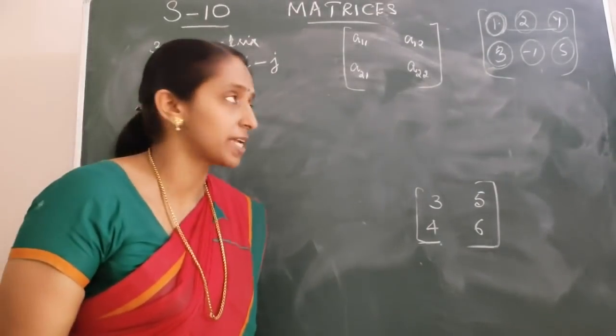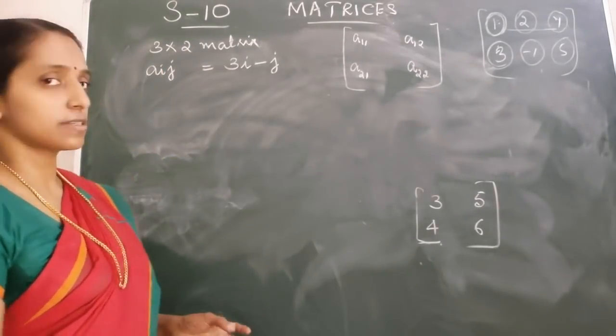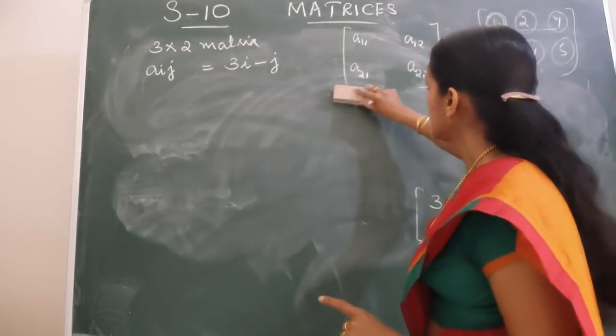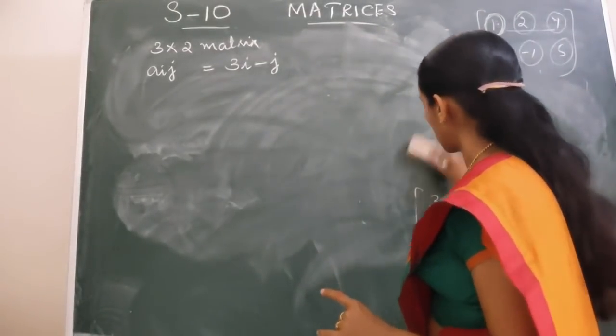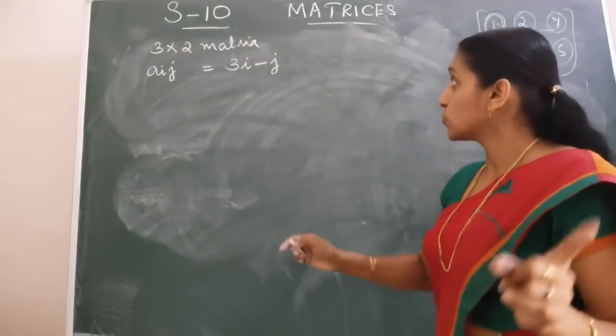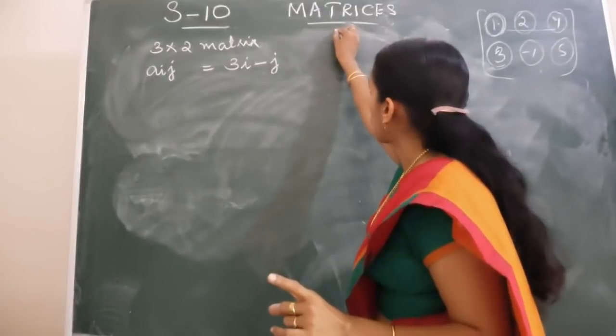That is the general format given. So how can you construct? First of all, you have to take out the general format of the matrix. General format of the matrix means we need 3 rows and 2 columns.